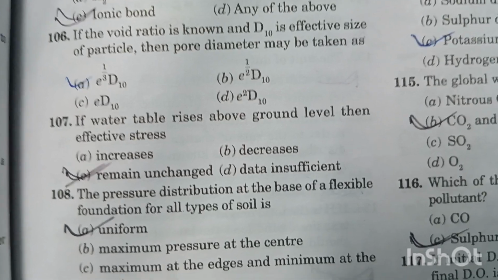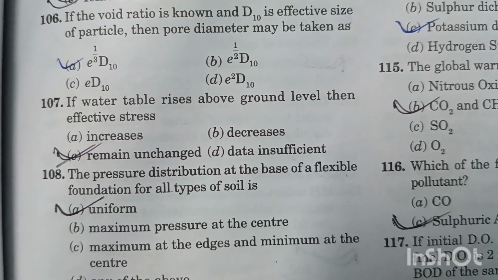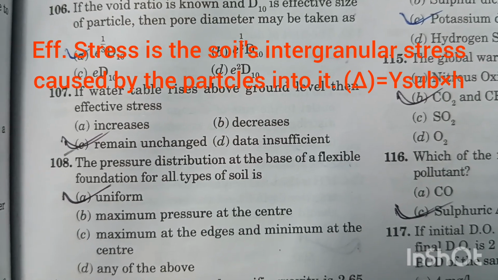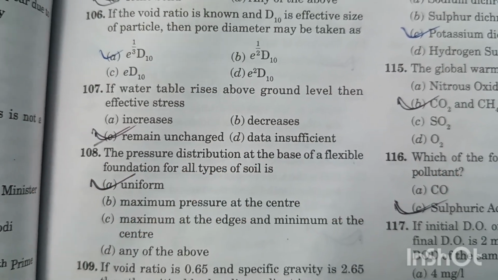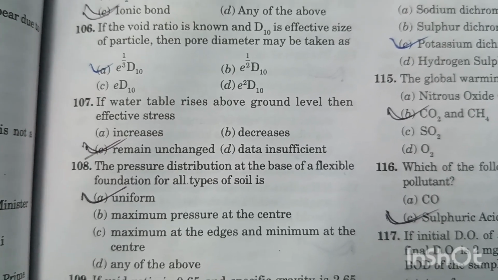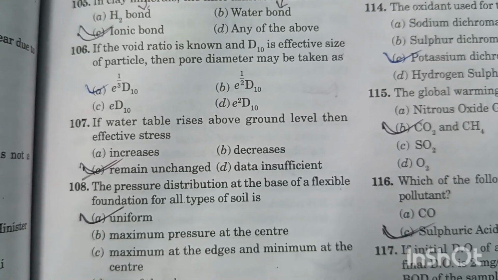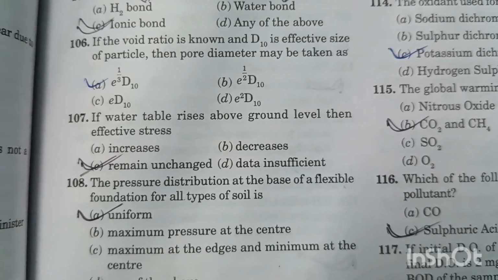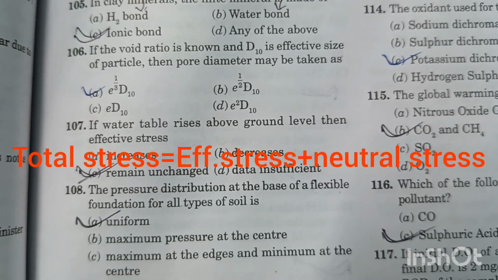Question number 107, if the water table rises above ground level, then effective stress remains unchanged, because effective stress is the stress generated due to intergranular particles of the soil. So in case of effective stress, there is no function of water table. Total stress equal to effective stress plus pore water pressure.